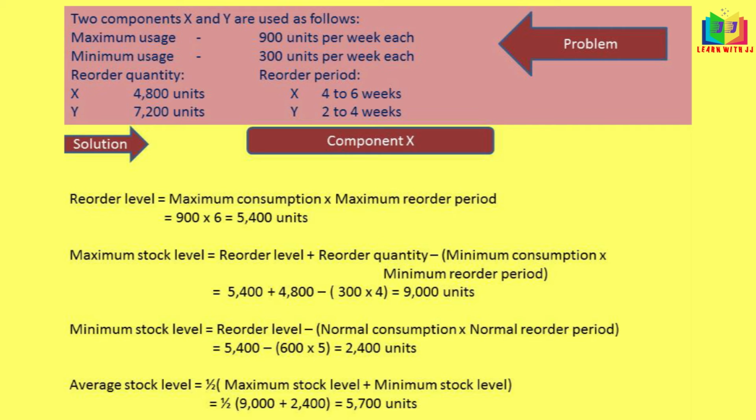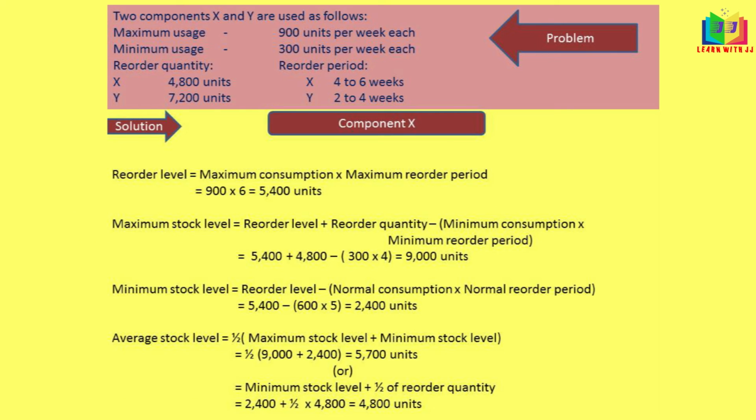And the next formula for calculating this average stock level is minimum stock level plus half of the reorder quantity. Here, reorder quantity for material X is 4800, and minimum stock level is 2400. If we substitute in this formula, we'll get 4800 units. We calculated reorder level, maximum stock level, minimum stock level and average stock level for component X.